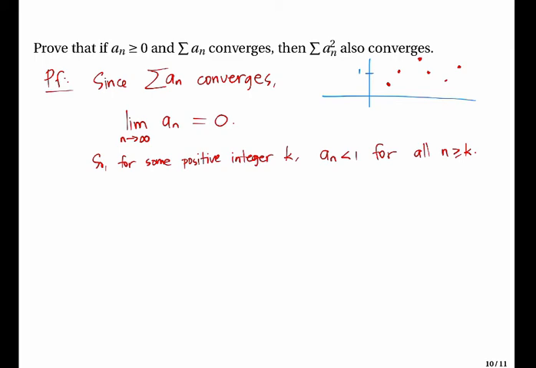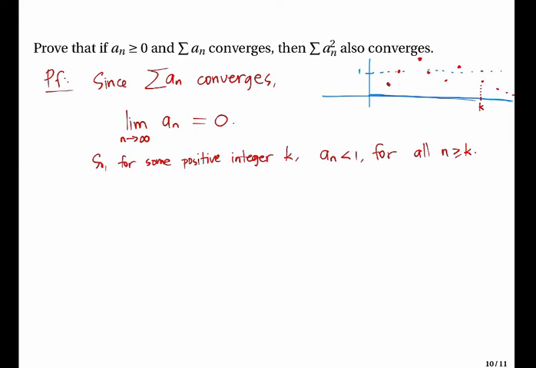But in the end, since the limit is equal to 0, the terms must go down and down and down there, because your limit is equal to 0. And all of those terms will be less than 1. So this probably here is our k. So for some positive integer k, a n will be less than 1 for all n greater than or equal to k.